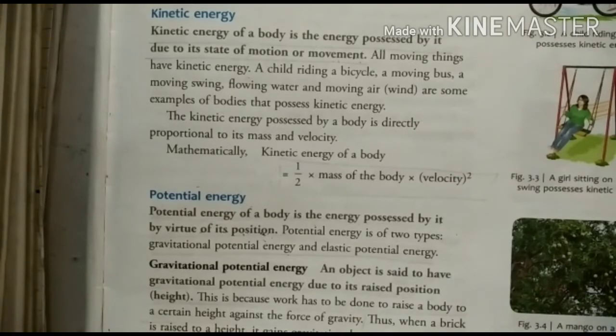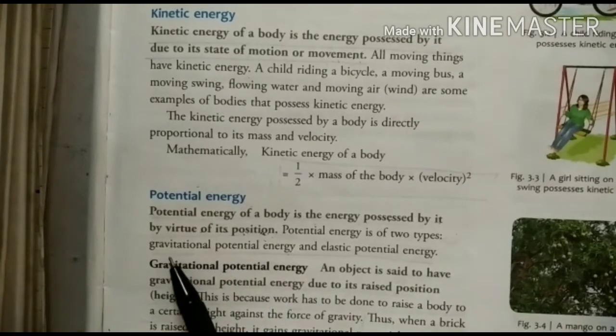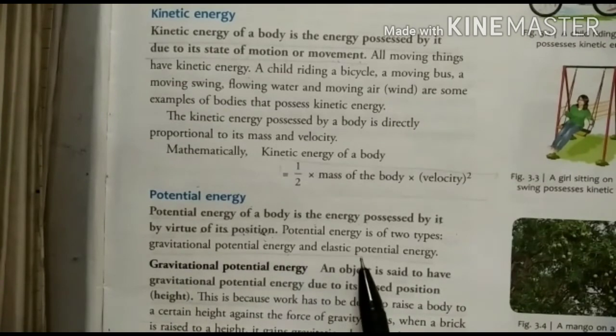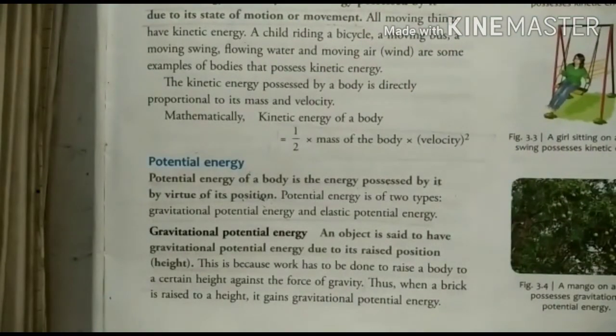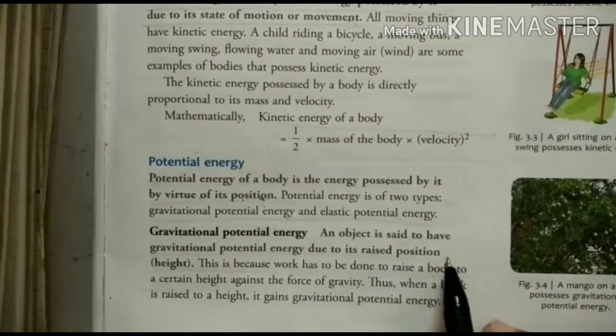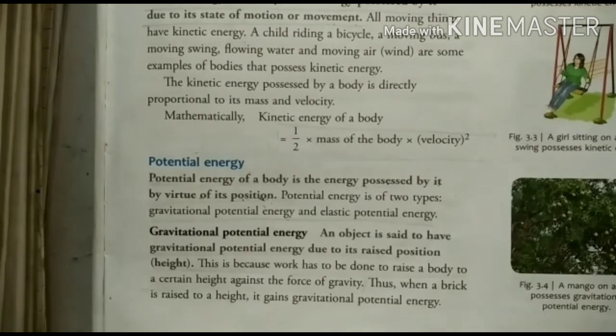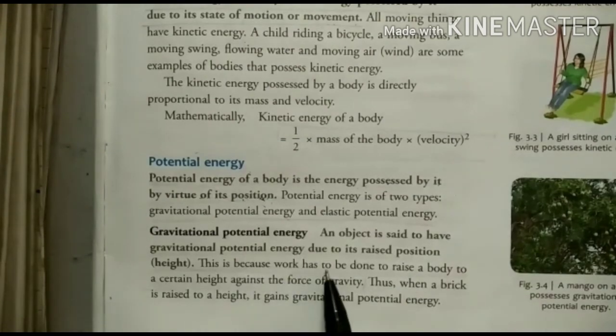Potential energy is of two types: gravitational potential energy and elastic potential energy. The potential energy associated with the height, or due to its raised position, is known as gravitational potential energy. This is because work has to be done to raise a body to a certain height against the force of gravity.